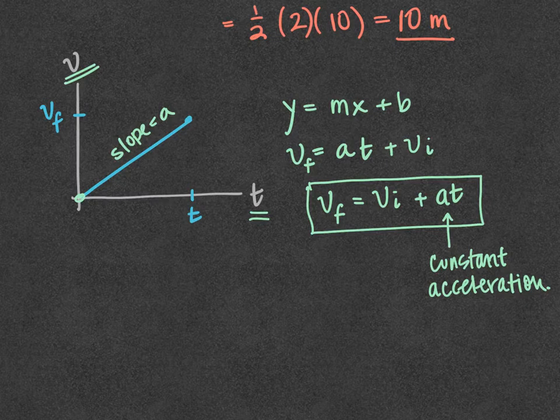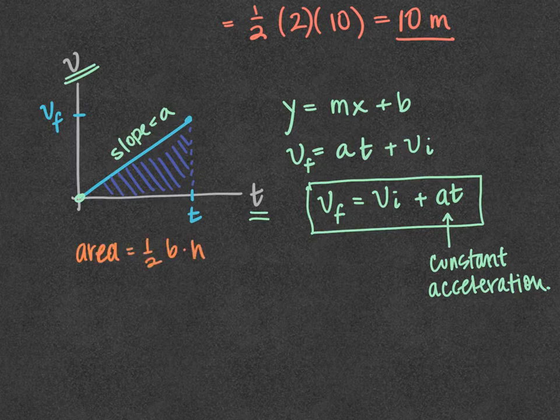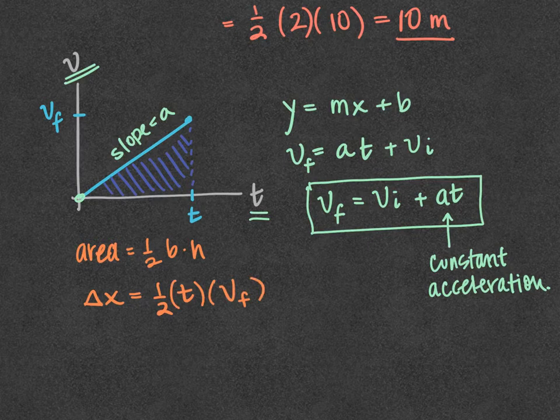So remember, the area under the line is our displacement, and this one is a little bit special, that our displacement will be the area, which is 1/2 base times height, and just like we did before, we can write an equation for the displacement in terms of our graph. So our area is our displacement, our base is the time, and the height is the final velocity.